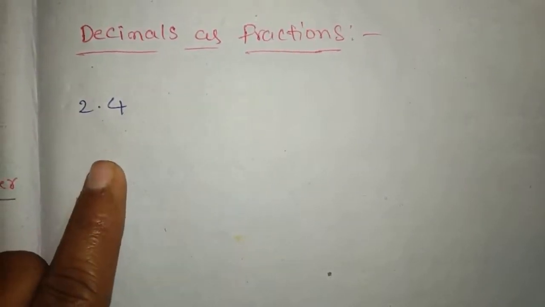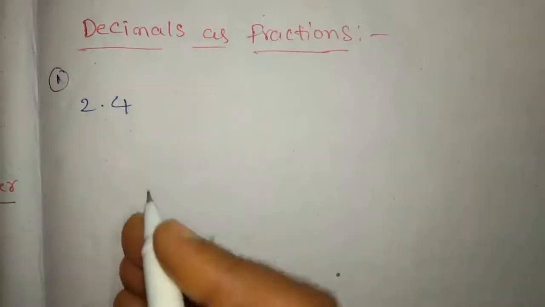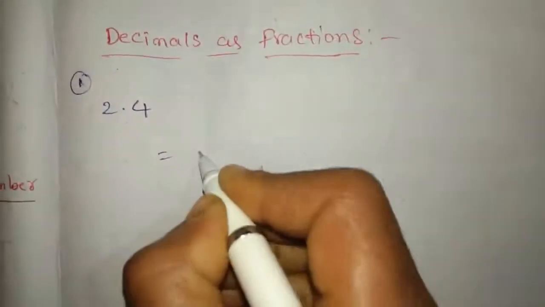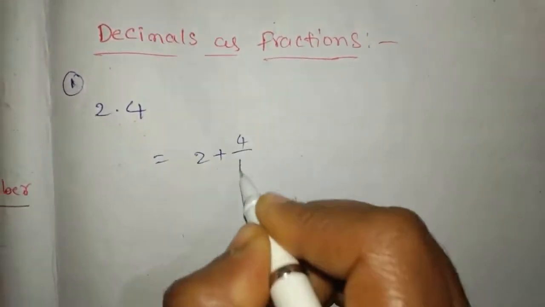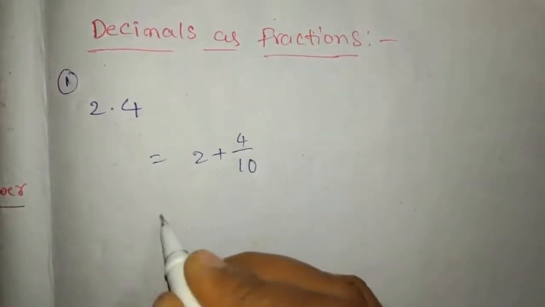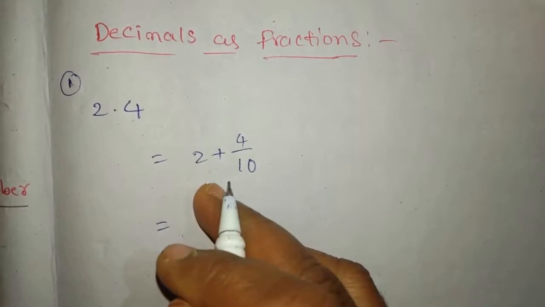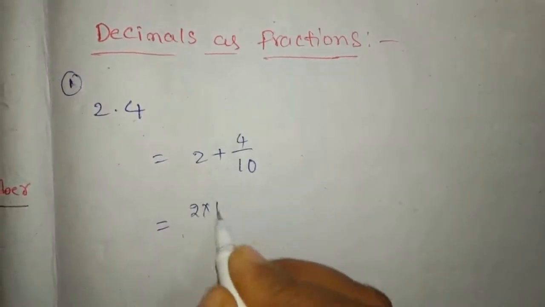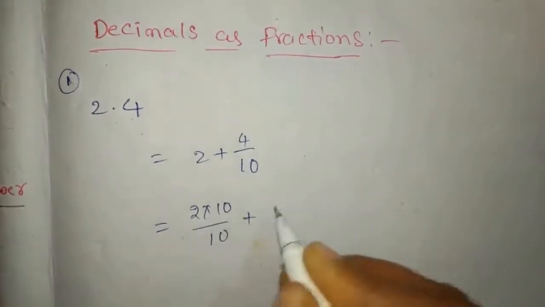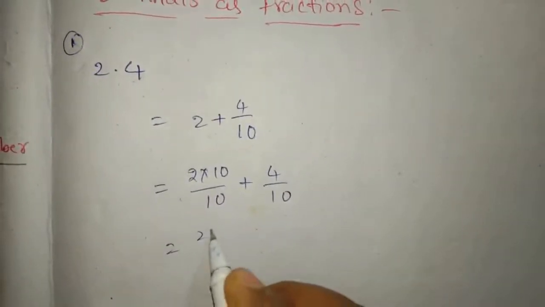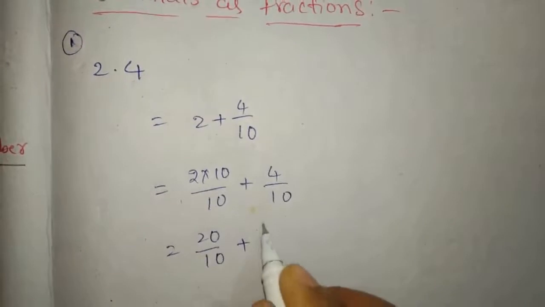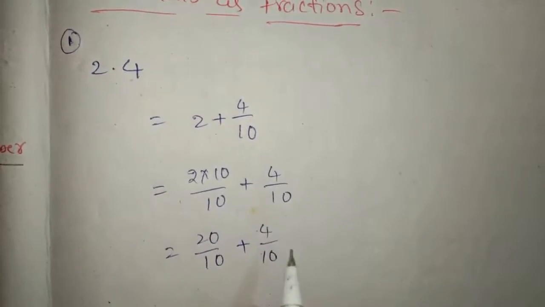So, let us write 2.4. It is equal to 2 plus 0.4, means 4 by 10. 2 can be written as 2 into 10 by 10 plus 4 by 10. That is equal to 2 tens are 20 by 10 plus 4 by 10.